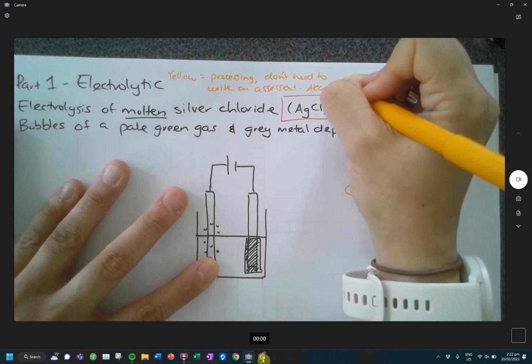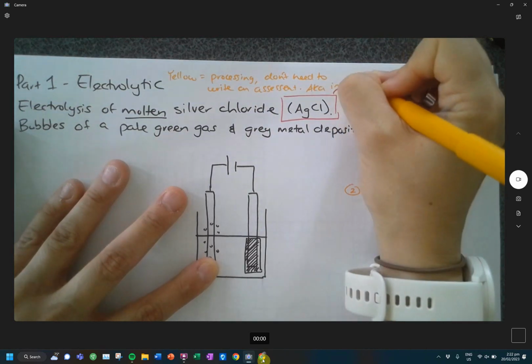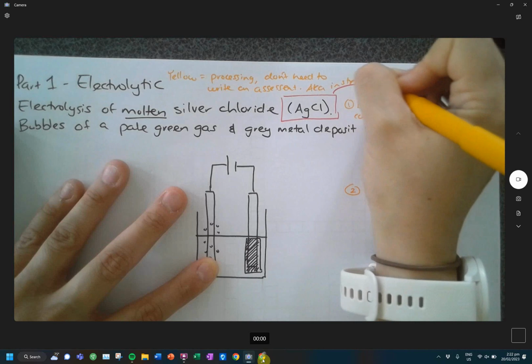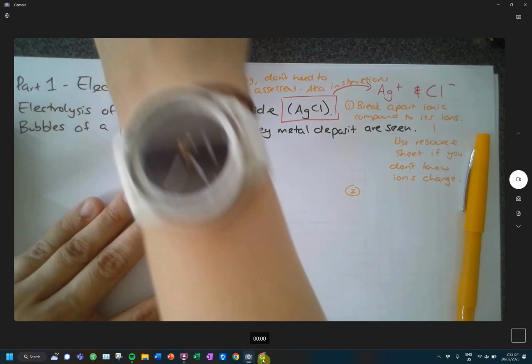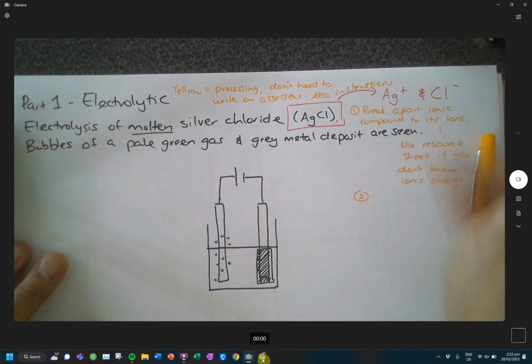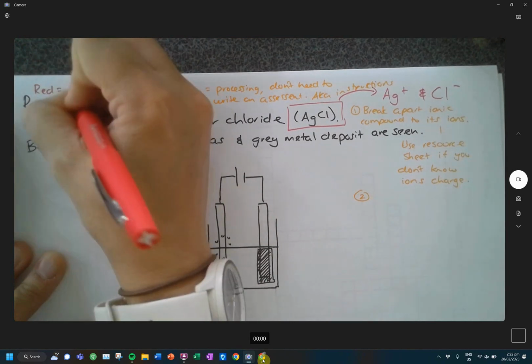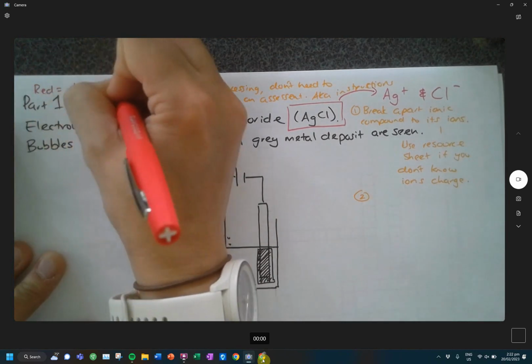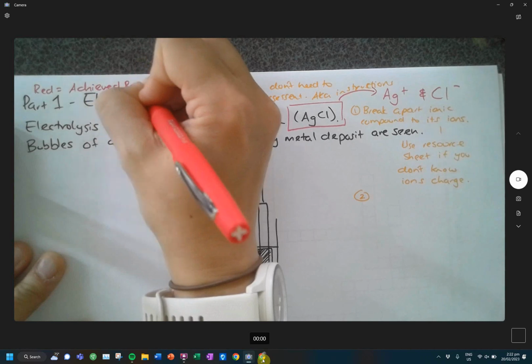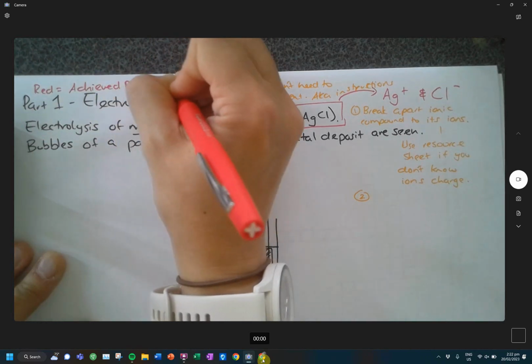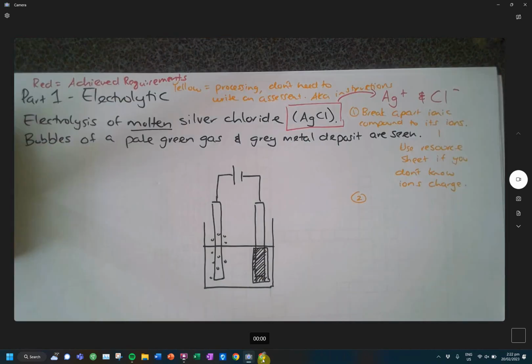AKA their instructions for you. Yeah? The stuff in red is what you need for the achieved. Things are gonna get a little squished.